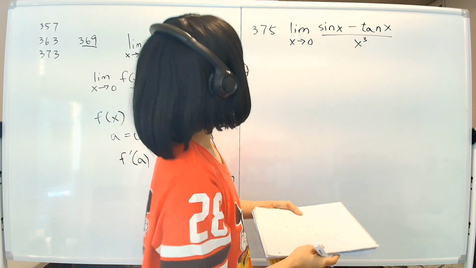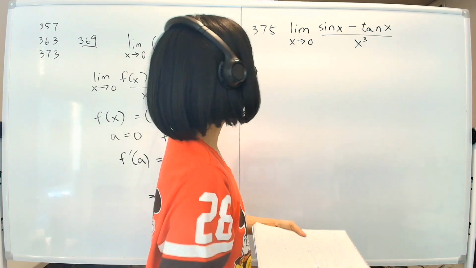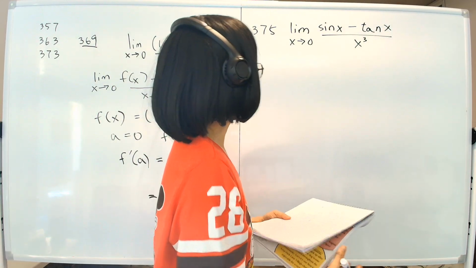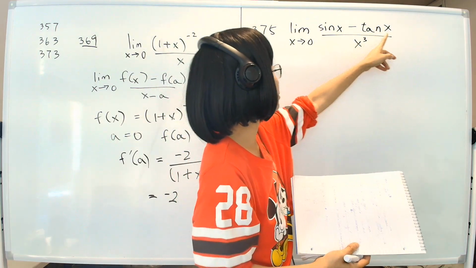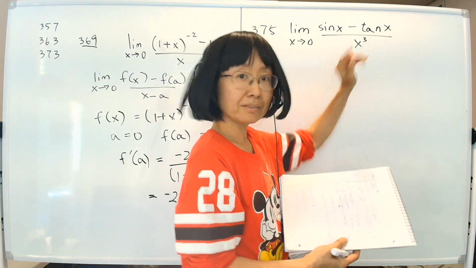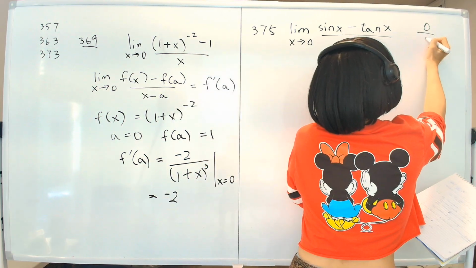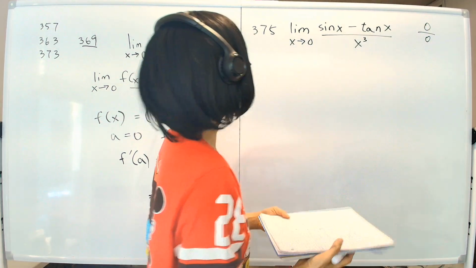First, we identify whether to use L'Hopital's rule. What kind of case is that? Sine of 0 is 0, tangent 0 is 0, and then x cubed is also 0. So this is the 0 over 0 case, which means we can use L'Hopital's rule.